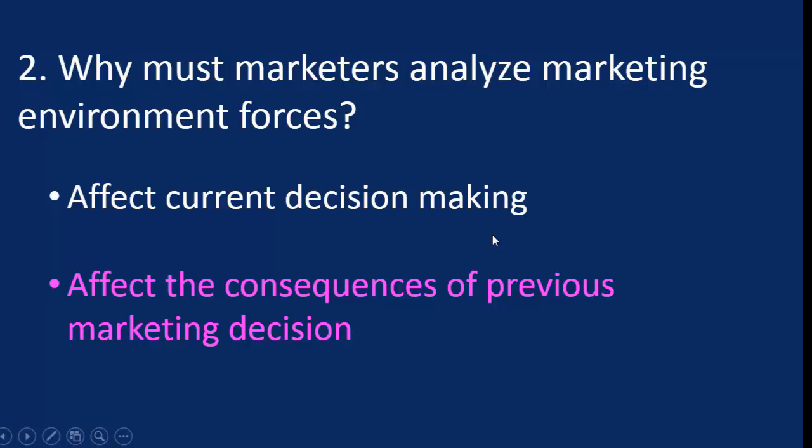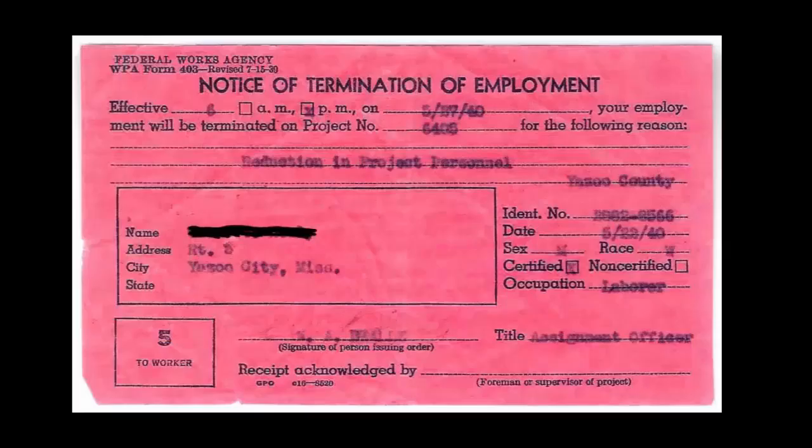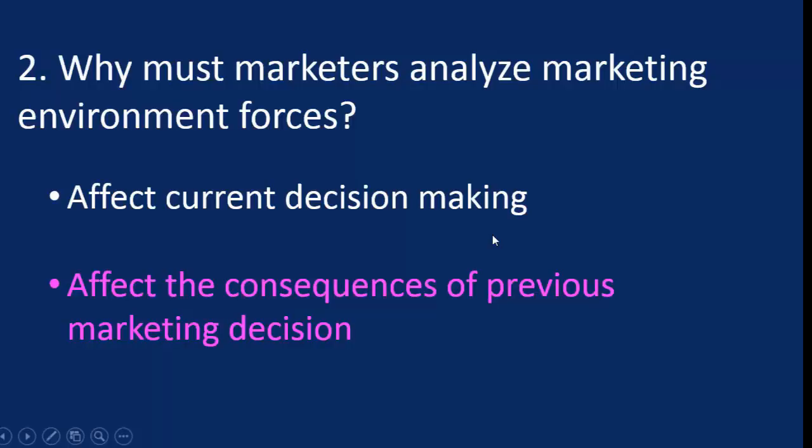And today also there may have been some people getting fired because of the decisions that they made 3 months ago, and there were forces in the marketing environment that changed in such a way that it made those decisions look terrible, and they got canned. I mean, that can happen.